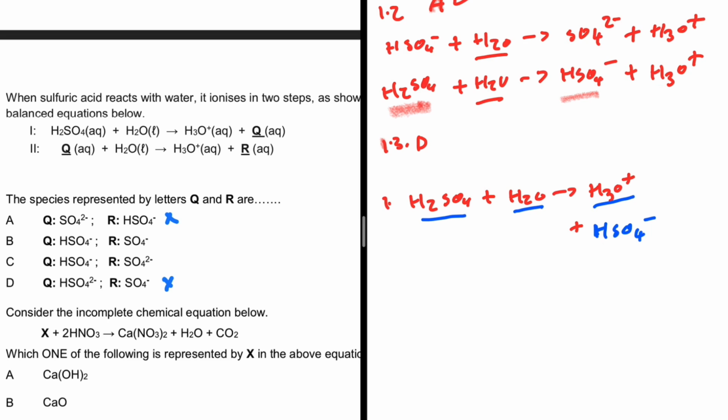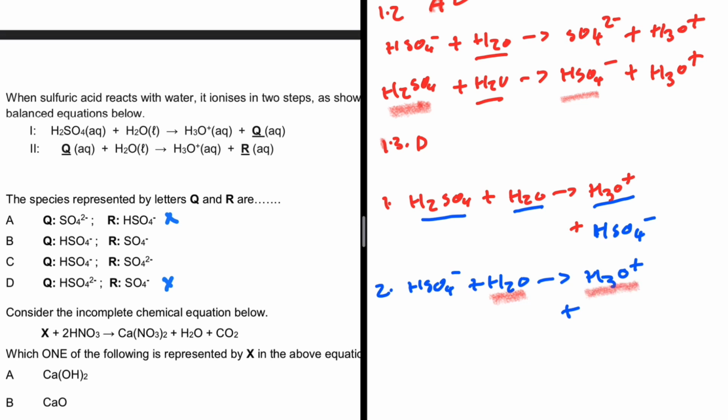Let's go ahead and do the same for R. So for R, we're starting with Q. What is Q? Q is HSO4 minus. There we go. And then plus H2O. And then what is the product? The product is H3O plus R. Okay, so let's take a look. Back to the basics again. We start with H2O. Now we have H3O plus.